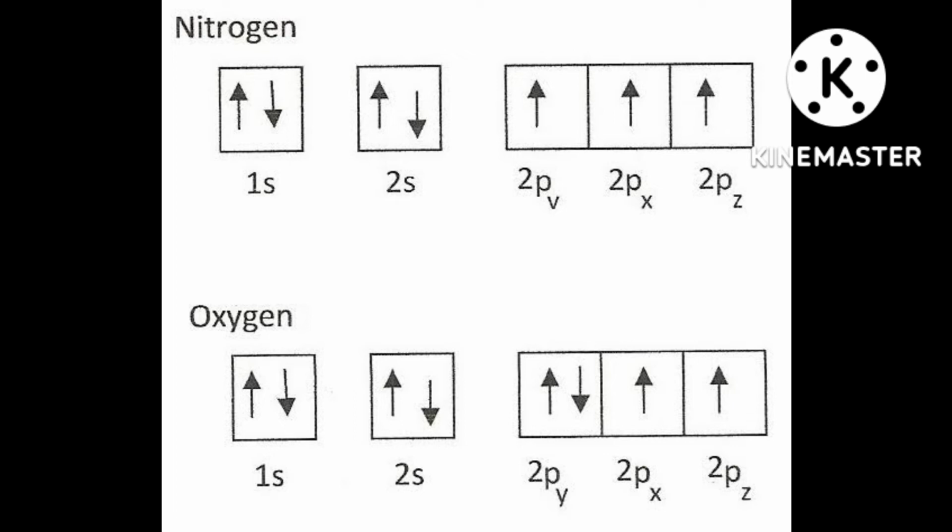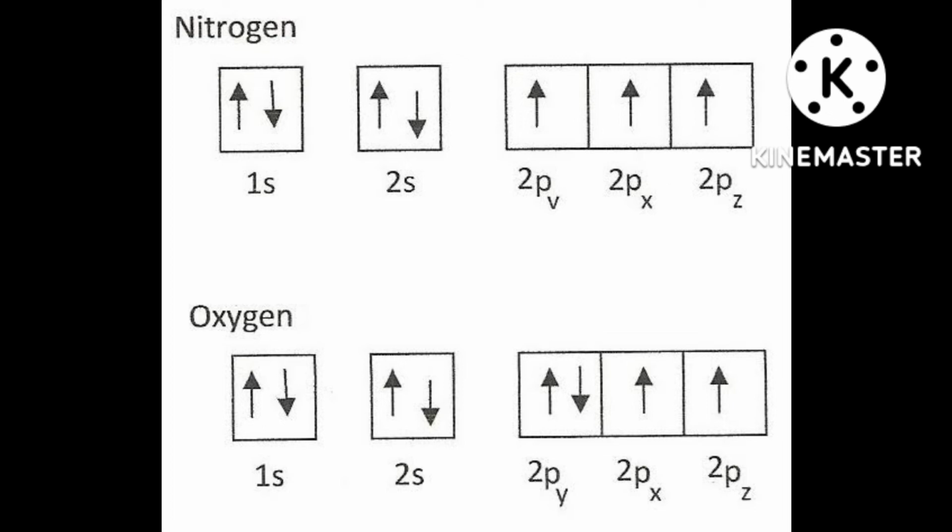Now come to sp2 hybridization. Before going to sp2 and sp3, one thing I want to tell you: there is one s orbital and three p orbitals, px, py, pz.